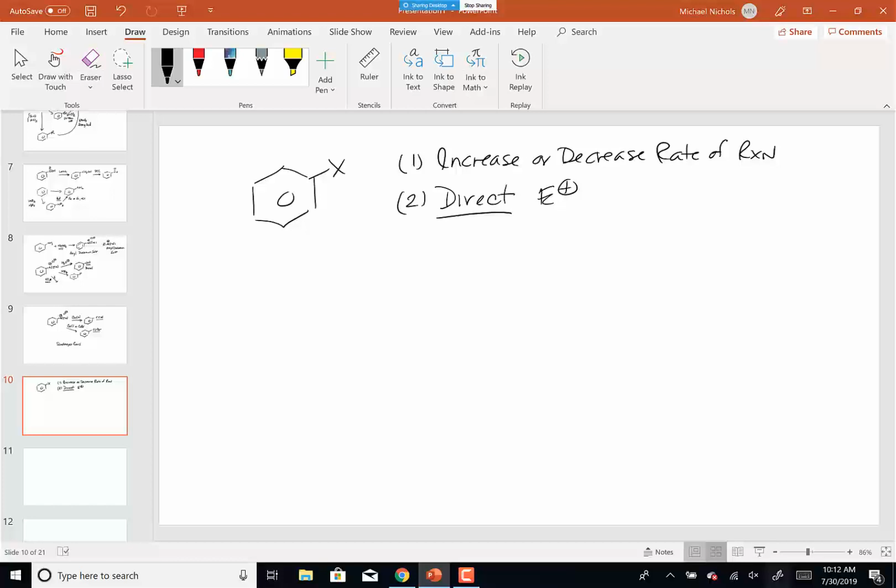And so that group's either going to direct the E+ to go ortho or para, or ortho and para, or it's going to direct the group to go meta to itself. So those two issues, those are the two things that a group, once it's attached to the benzene ring, will affect: the rate and the direction.